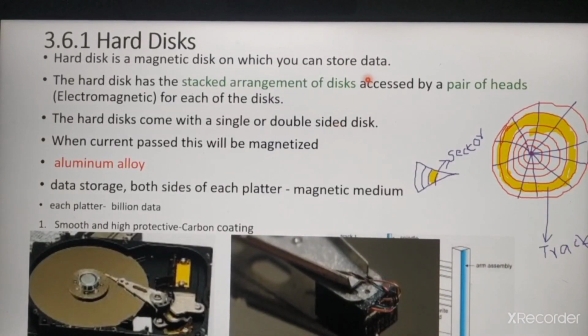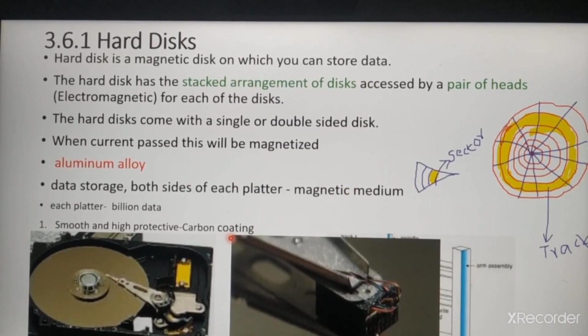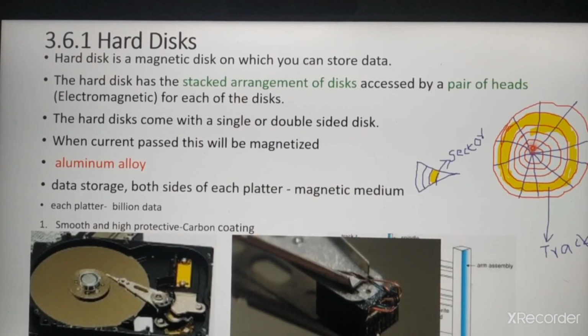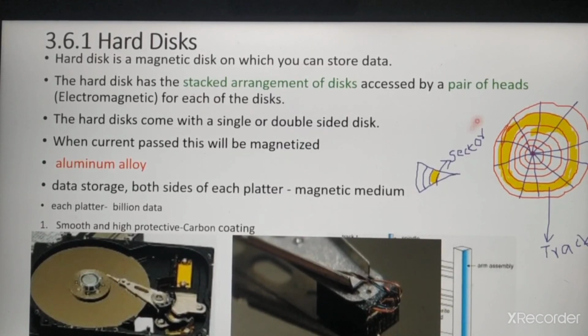Here above the magnetic medium, again it is coated with a carbon coating. Why do we need the carbon coating? When you see the disk, it has more than thousands of circles. Here is one circle, like this more than thousands of circles. Each circle is called a track. This track is again divided into sectors.